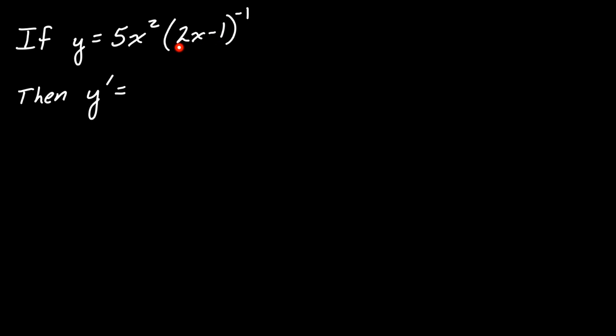And so we're not going to be able to use product rule in this situation. Now remember, when you have a negative exponent, that is the same thing as saying 5x squared over 2x minus 1 raised to the positive 1 power.